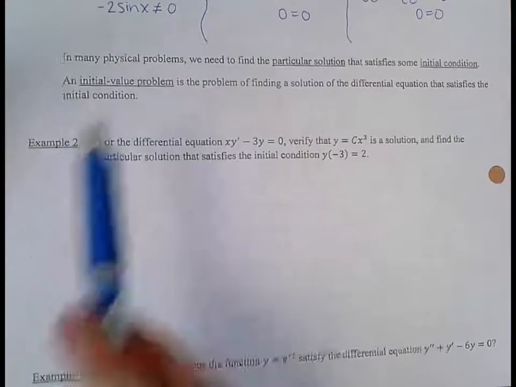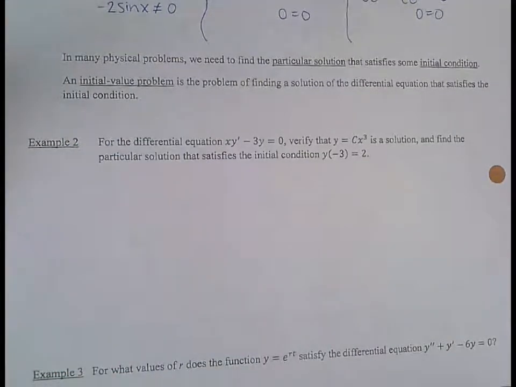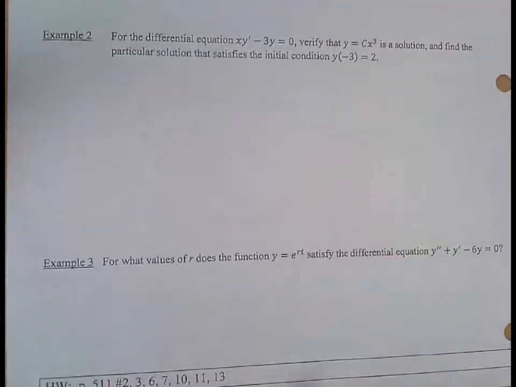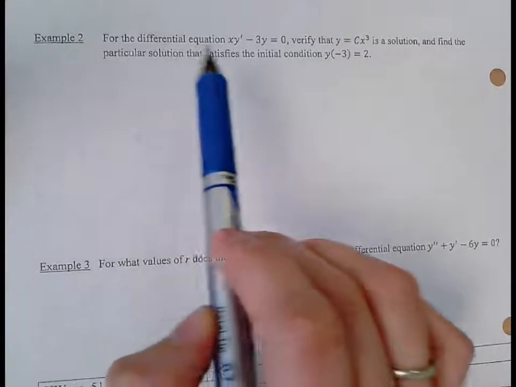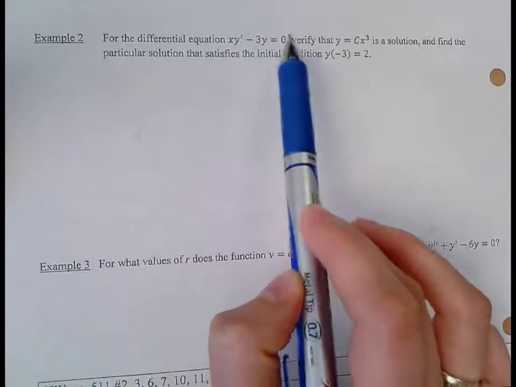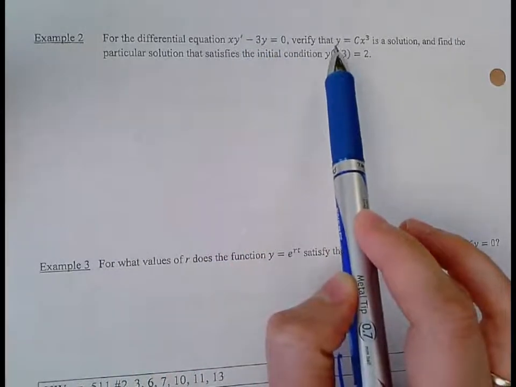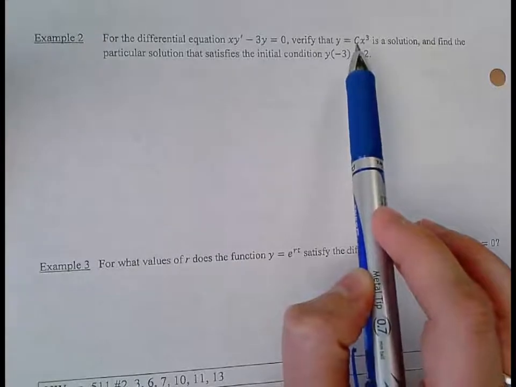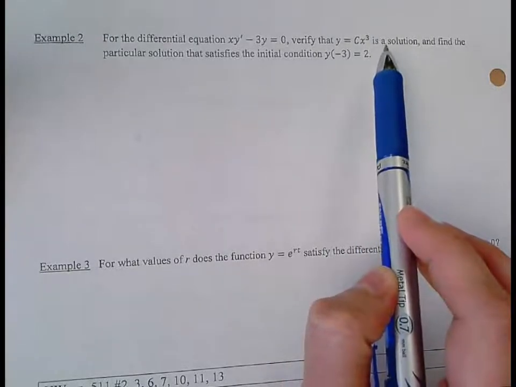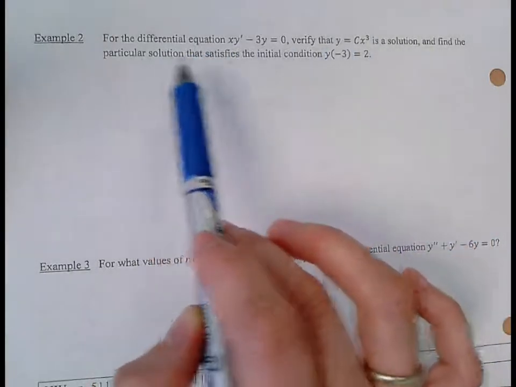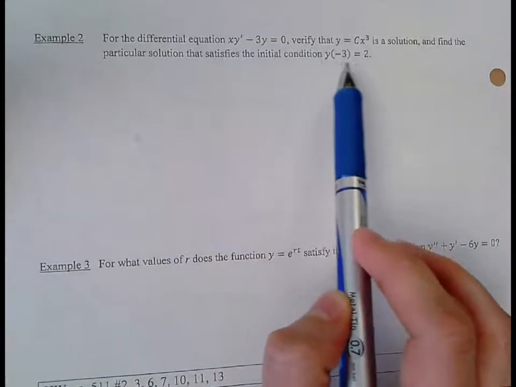This is called an initial value problem when you're finding a specific solution based on an initial condition. So example 2, we are given this differential equation. It says verify that the function y equals c times x cubed is a solution, and then find the particular solution that satisfies this initial condition.